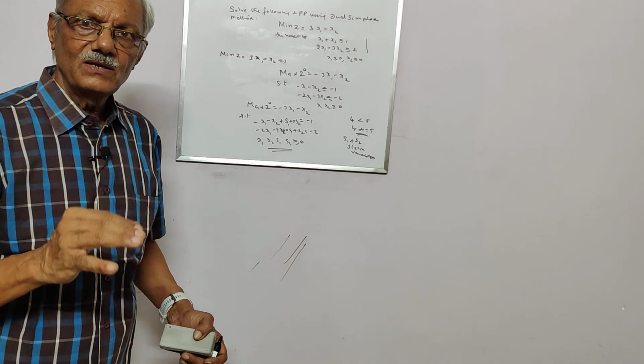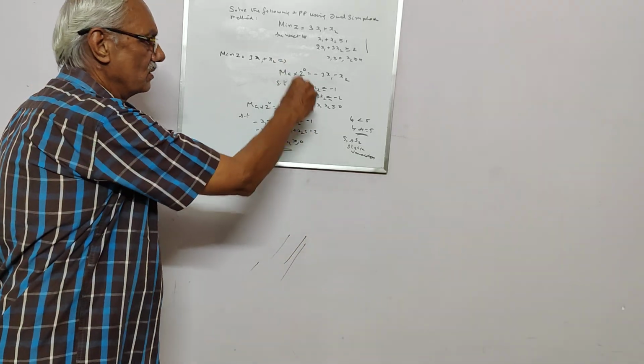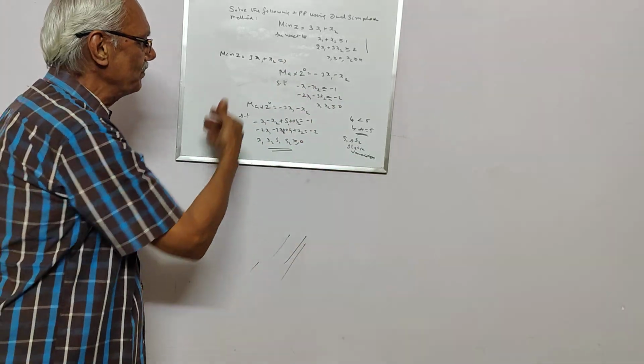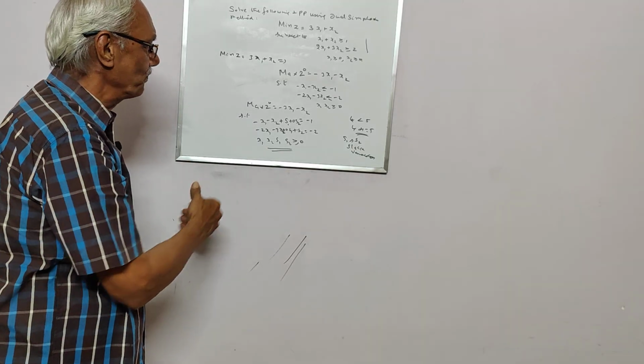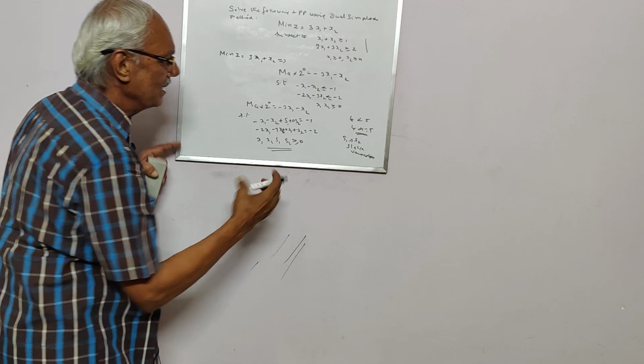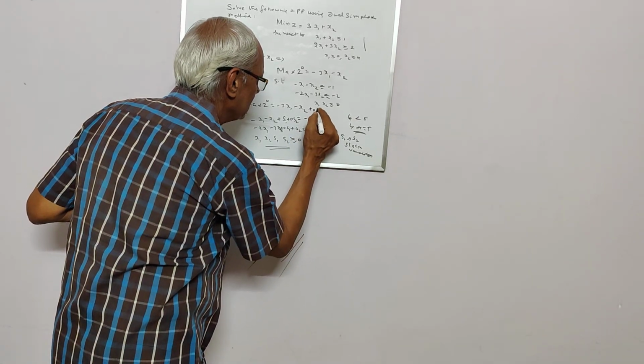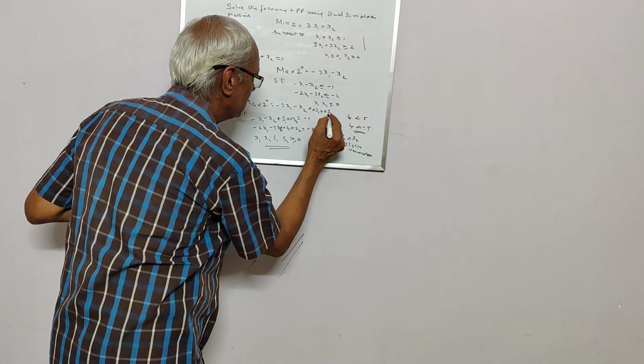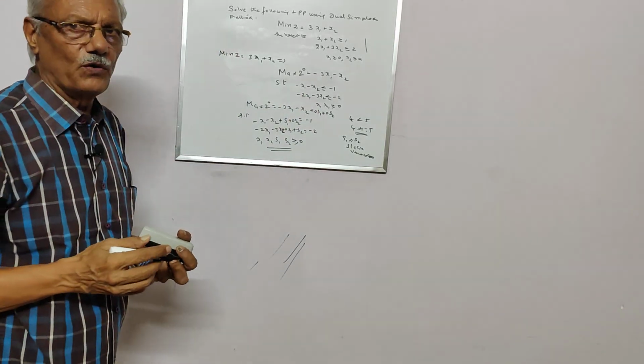Now, first step, change it to maximization. Then bring it to this homogeneous form like this, and you see that max of z star is equal to minus 3x1, and you put here plus 0 s1 plus 0 s2. So bring it to this form.